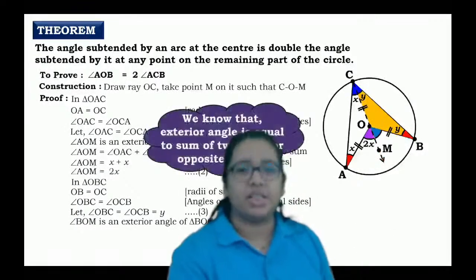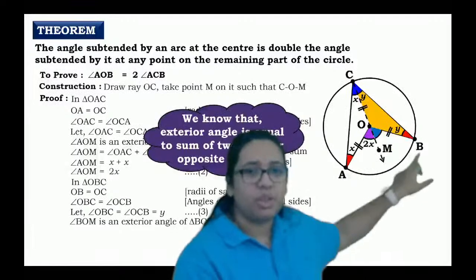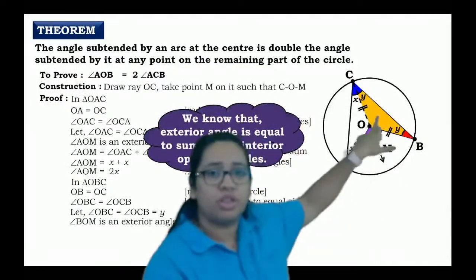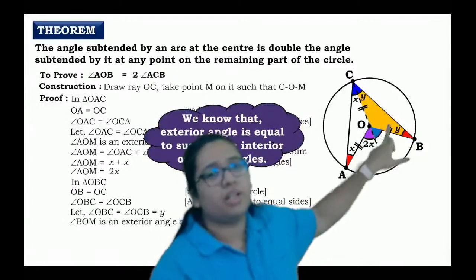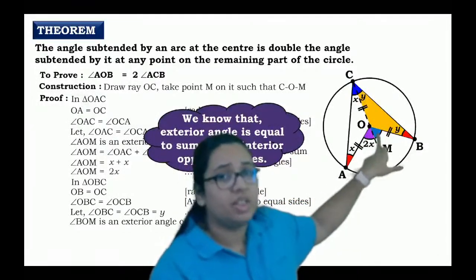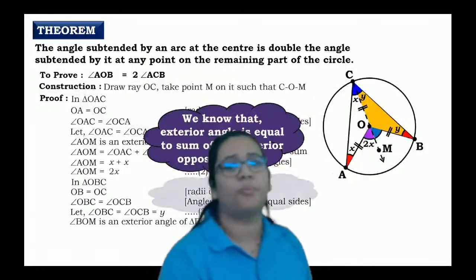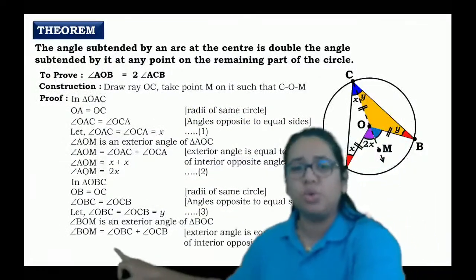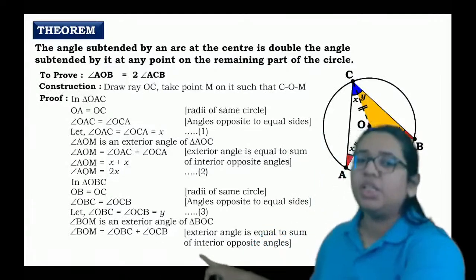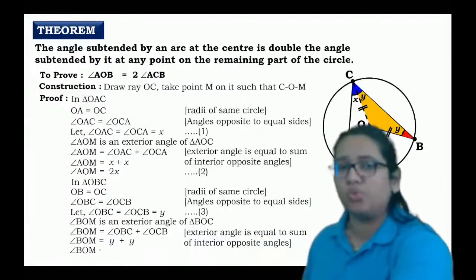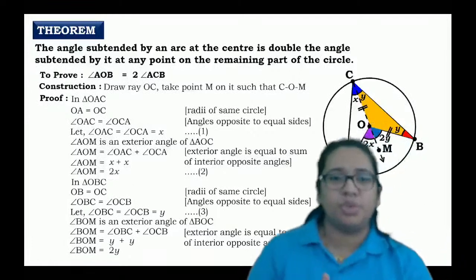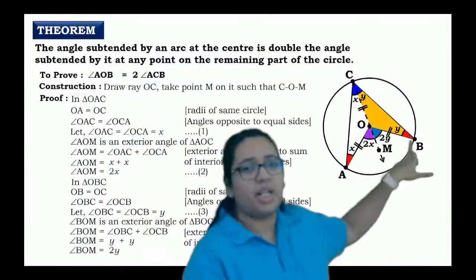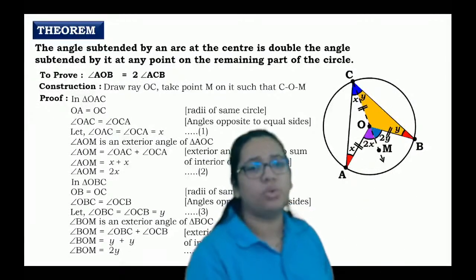Then BOM will work as an exterior angle for this triangle, and the measure of an exterior angle is the sum of the two interior opposite angles. Hence BOM equals OBC plus OCB, which is nothing but 2y. Done up to this. So we have proved AOM is 2x and BOM is equal to 2y.